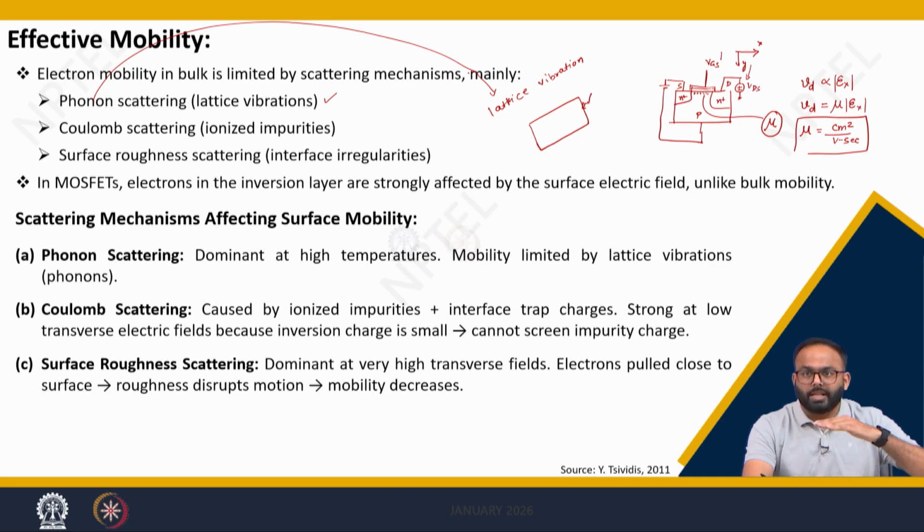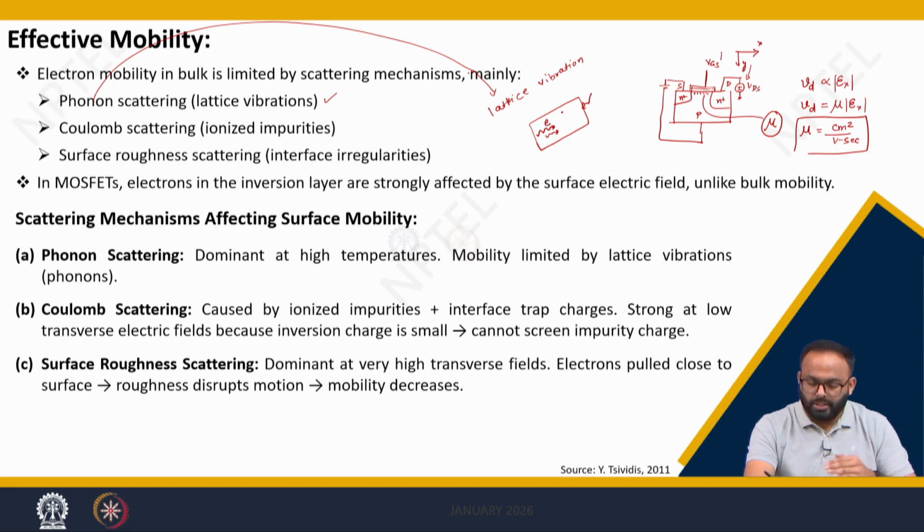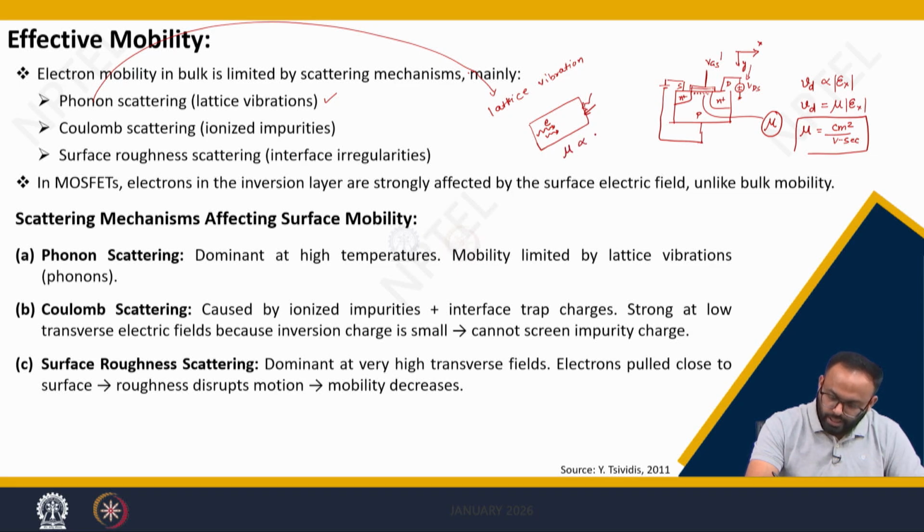So the lattice atoms are vibrating, right? And in this vicinity, the electrons are moving in this direction, say. Then the mobility of these electrons will get altered. If you increase the temperature, the vibration of the atoms will increase, and hence the mobility decreases. So I can simply define that the phonon scattering mobility is directly proportional to T to the power of minus 3 by 2.